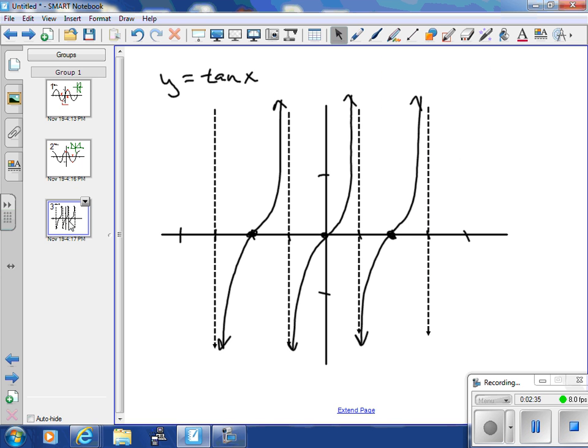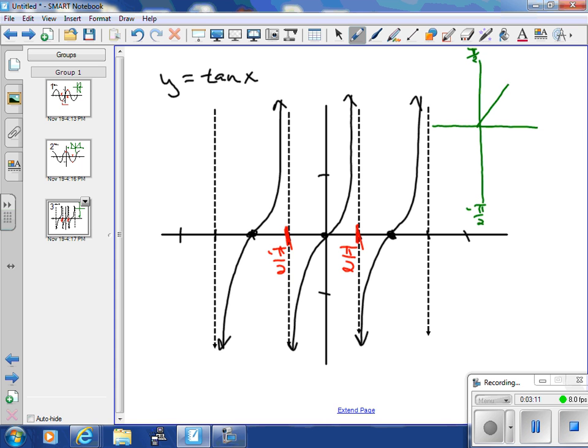And when we look at tangents, we see the same dilemma. This will not pass the horizontal line test. However, if we look at just one of these sections of the graph, namely from negative pi over 2 to positive pi over 2, so if we're doing the inverse tangent, just like before, here's my pi over 2, and if I go down this way, there's negative pi over 2, just like sine.